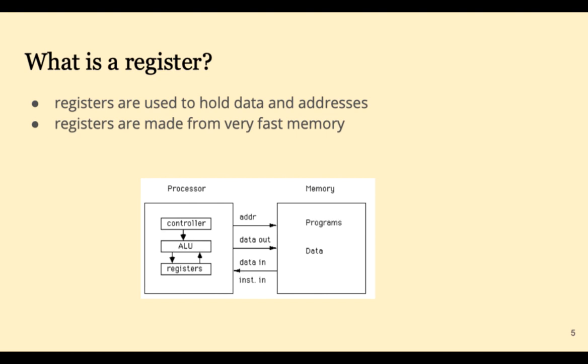Is it faster to get your keys from your pocket, or digging around in your backpack, or searching your entire house? No, it's faster to grab them nearby from your pocket. Likewise, the ALU can grab information quickly from registers. In higher-level languages, we use variables to hold data and addresses. In assembly language, we use registers.